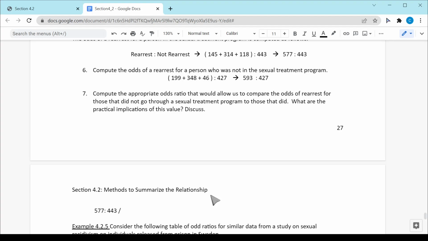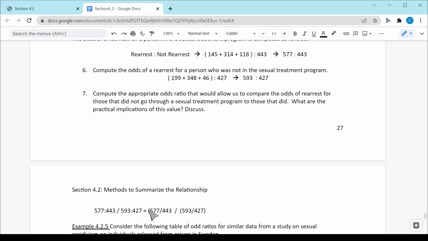And then I need to divide those odds by 593 to 427. Now, like I said in class, we can't do anything with a colon on a calculator, so what we end up doing is just taking the ratio of these two ratios here. So we're going to divide that, and once we get that number, we're going to divide by this other ratio here. So maybe group these things up a little bit.